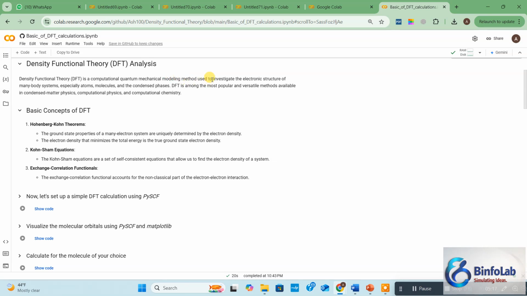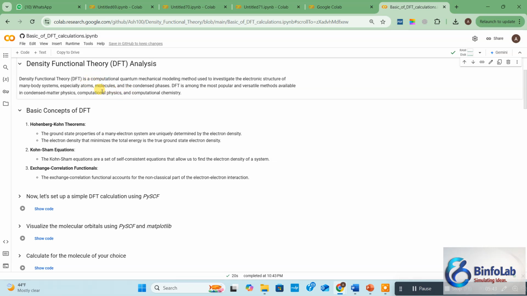Why do we use it? We use it to investigate the electronic structure of many body systems. What does it mean, many body systems? For example, a compound is made of many atoms, many molecules. You say not molecules, specifically atoms.